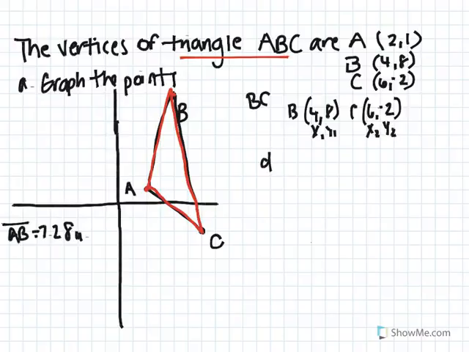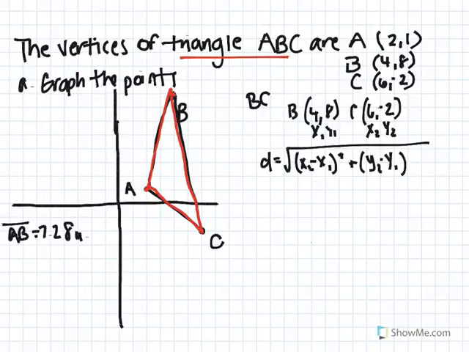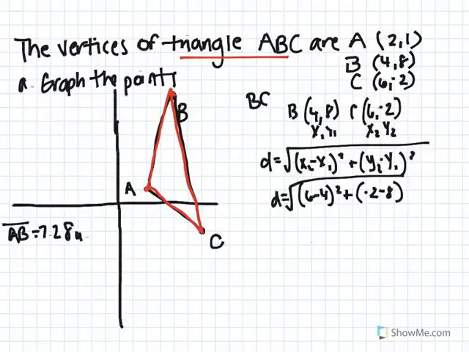And I'm going to get the formula all set up right here. (x2 minus x1) squared plus (y2 minus y1) squared. Distance equals 6 minus 4, squared, plus negative 2 minus 8, squared.